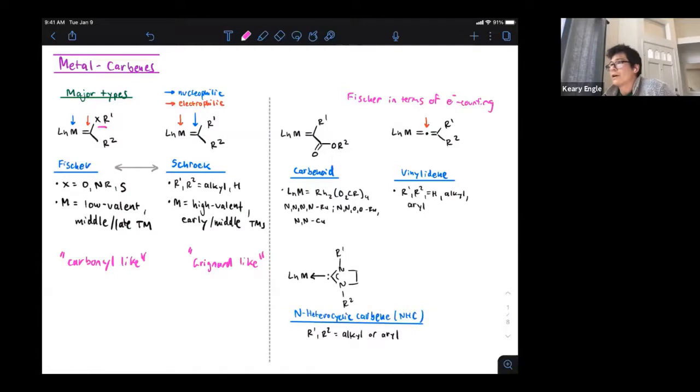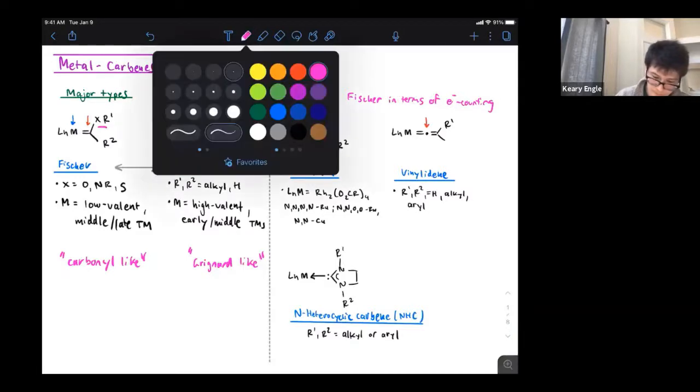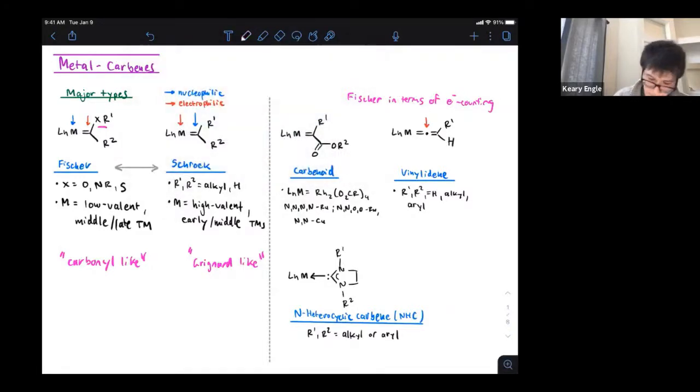Another type of carbene are vinylidenes. These are most often made from a metal, typically a late metal, plus the corresponding terminal alkyne. And there's a transposition of the terminal CH from the alkyne to the other carbon, so I'll let you think about how that transposition takes place.